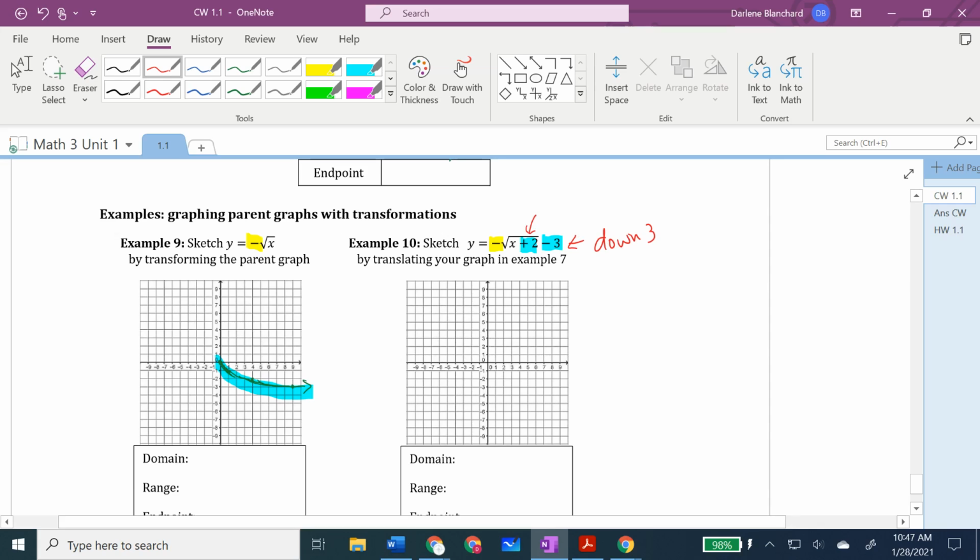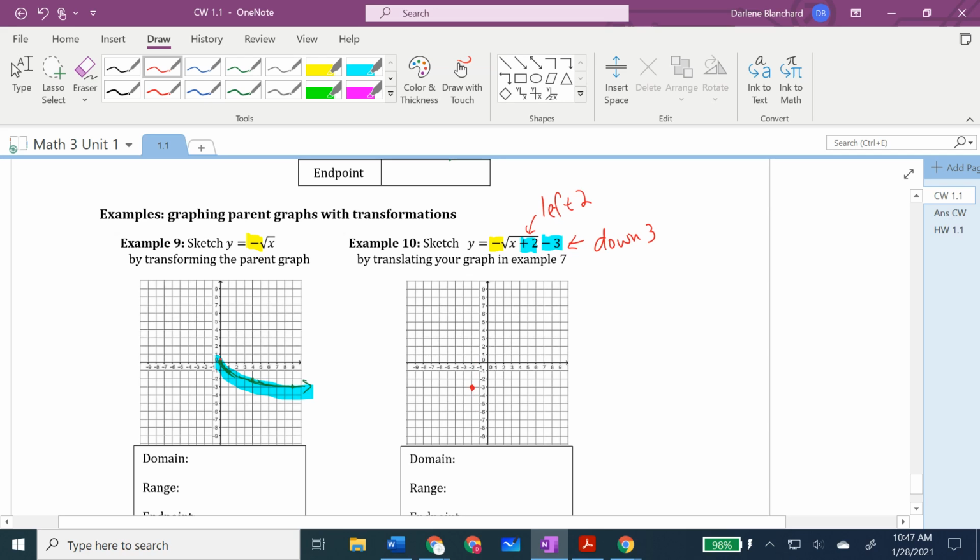And when you see the +2 with the x, it's not horizontally moving in a positive direction. It's actually horizontally moving in a negative direction, and we're going to talk about that as we go through the unit. So left 2 units. It's easiest to move the 0, 0 point. Left 2, down 3.